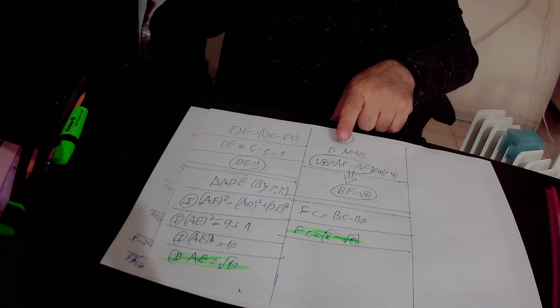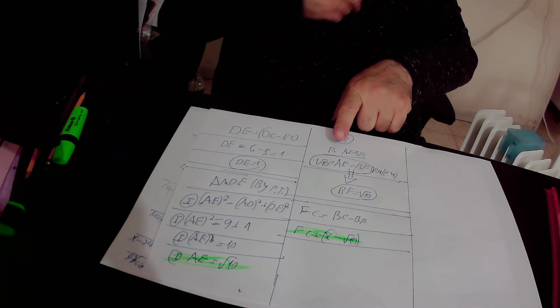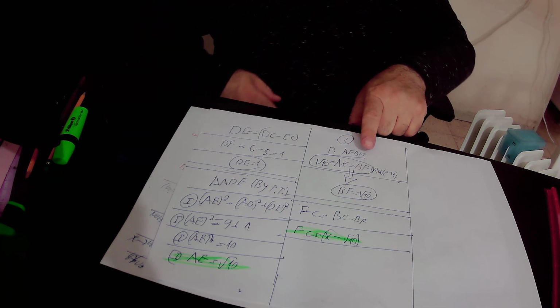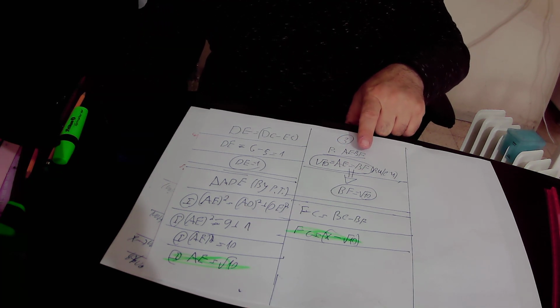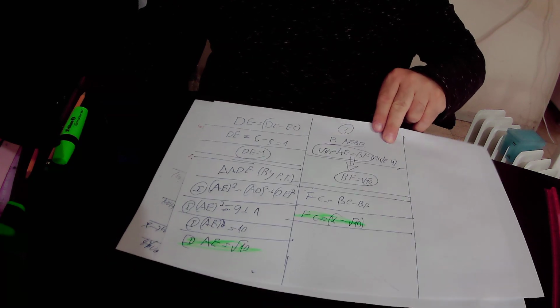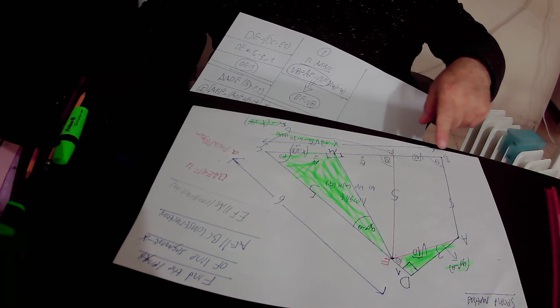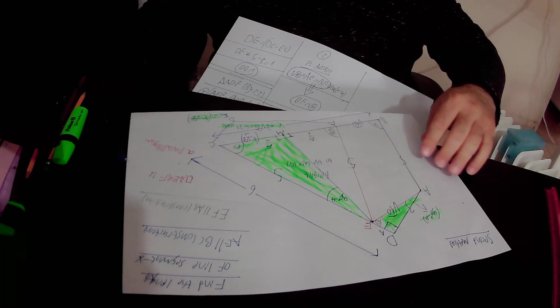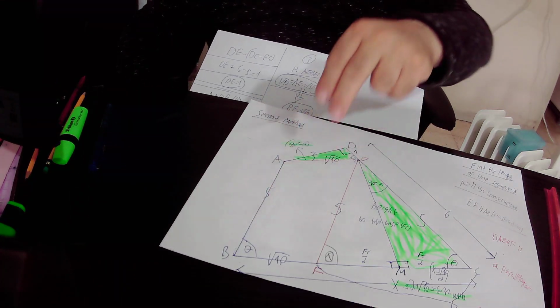But we just found out that AE equals the square root of 10 units. So we derive that BF is also equal to the square root of 10 units.